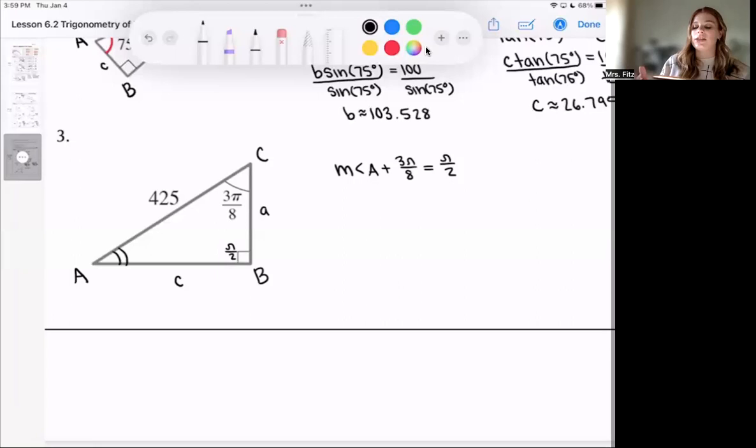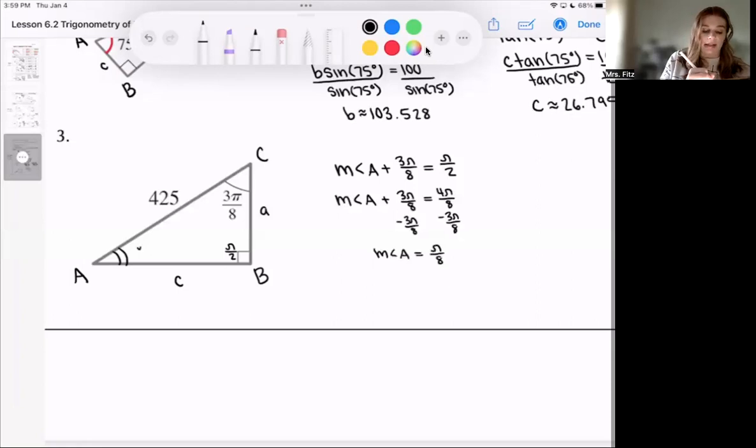One way you can do this is rewrite the pi over 2 with a common denominator. So we have measure of angle A plus 3 pi over 8 is equal to 4 pi over 8. Subtract 3 pi over 8. And the measure of angle A is equal to pi over 8 radians, right?